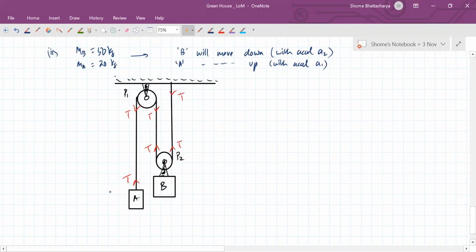Now you have to understand very carefully that A1 will not be equal to A2 in magnitude, and let us understand why.